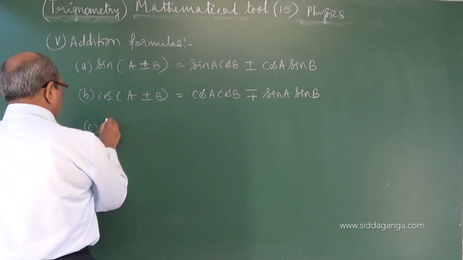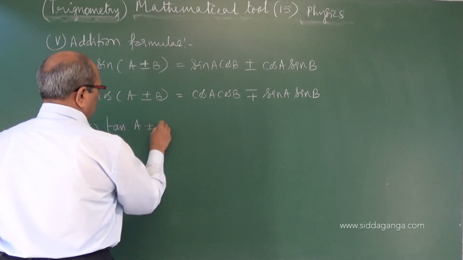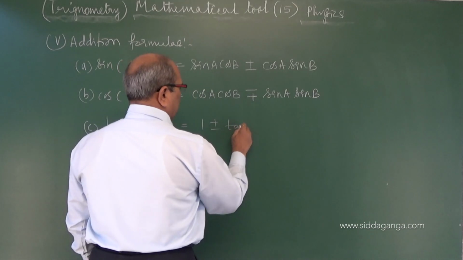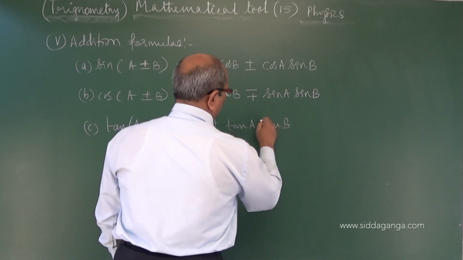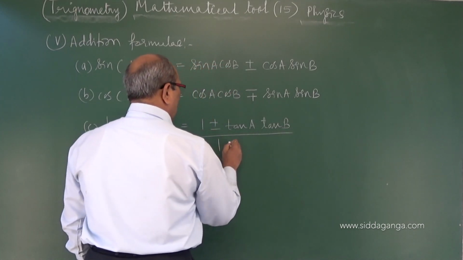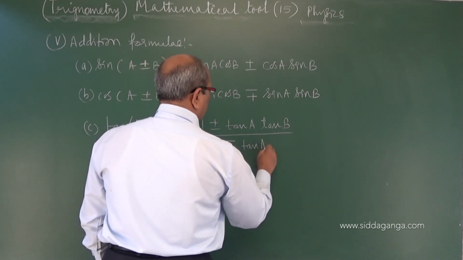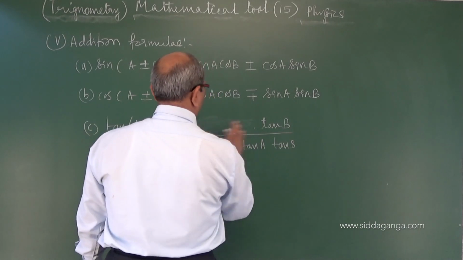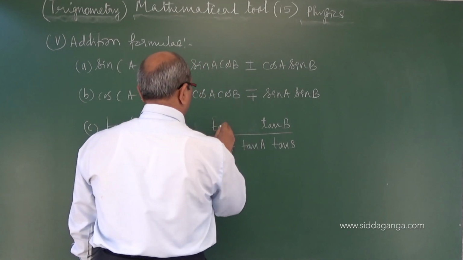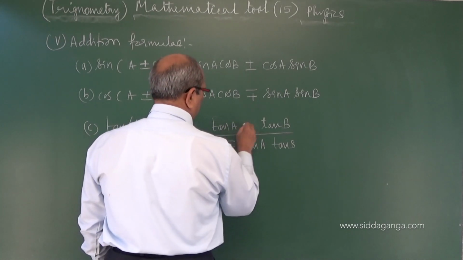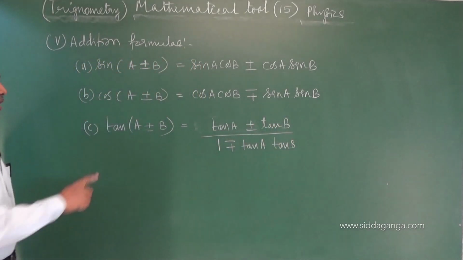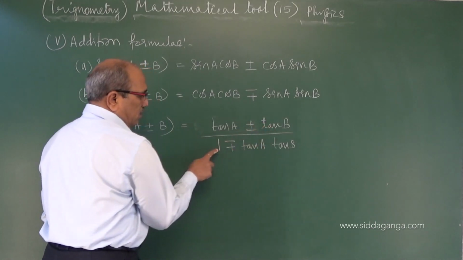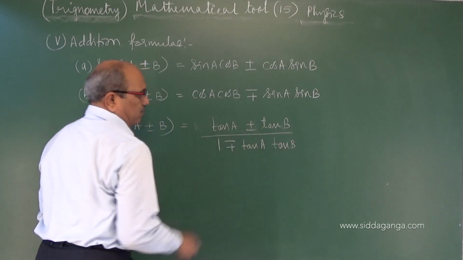Third, tan a plus or minus b can be written as tan a plus or minus tan b upon 1 minus or plus tan a tan b.